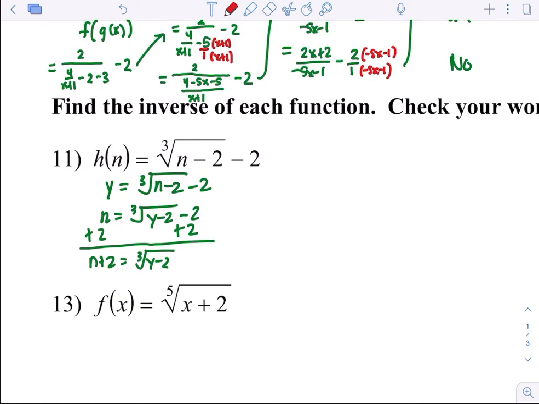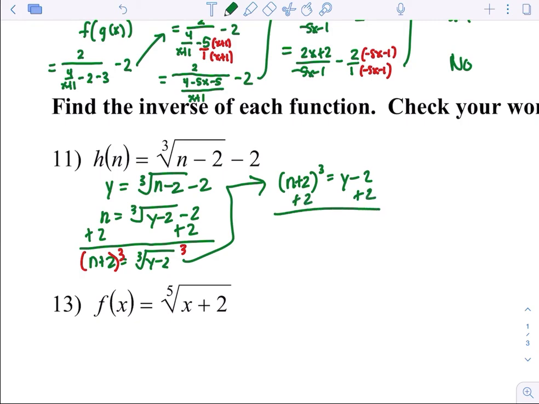Raise both sides to the third power. So we're going to have 9 plus 2 to the third is equal to y minus 2. Add 2 to both sides. N plus 2 to the third plus 2 is equal to y. Change y to be f inverse of n is equal to all of that.